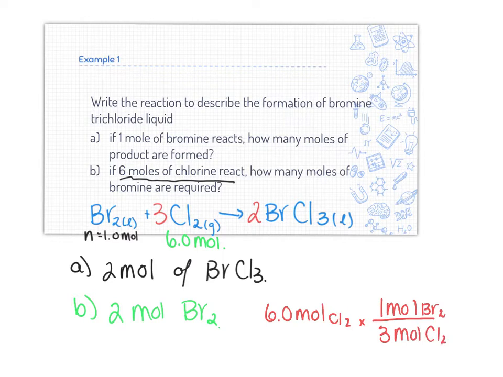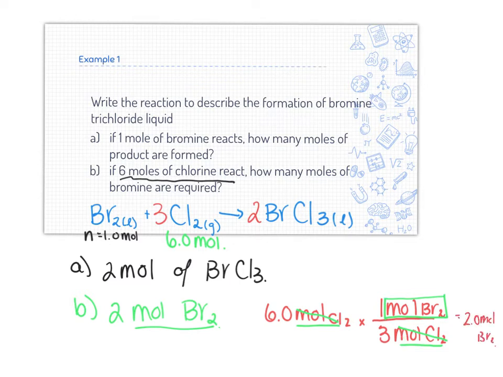We can see that moles of chlorine appear in the top of one fraction and the bottom of another, so these are going to cancel. All I'm left with then are units of moles of bromine, which is what I was trying to solve for. When I multiply this out, I get 6 times 1 divided by 3, which is 2 moles of bromine.